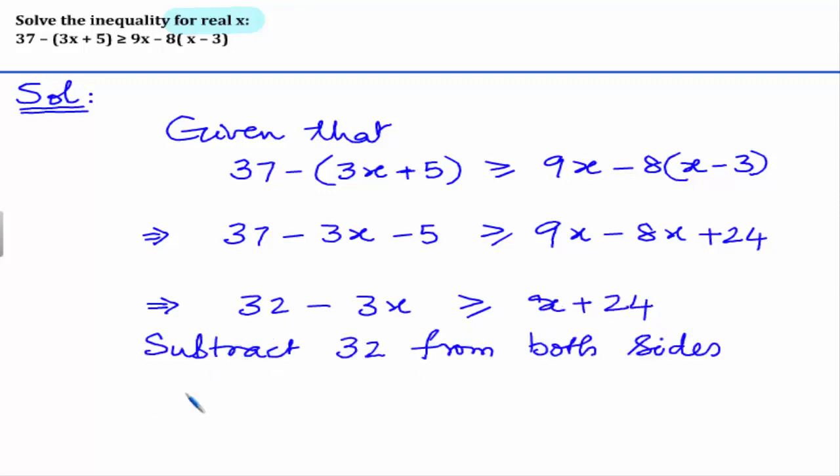Now let us subtract 32 from both sides, and we get here minus 3x, here 32 gets cancelled, greater than or equal to x plus 24 minus 32.